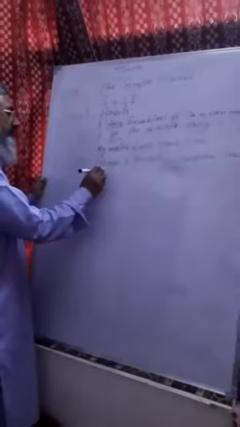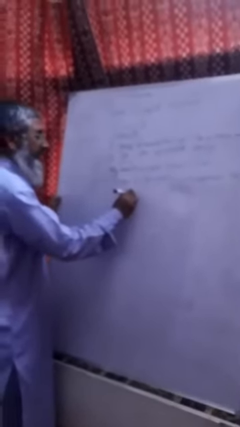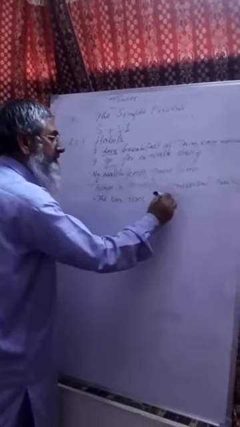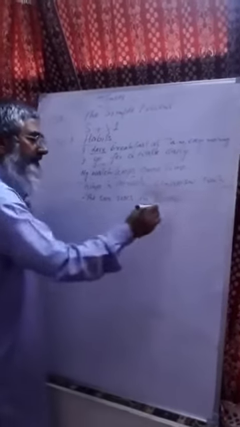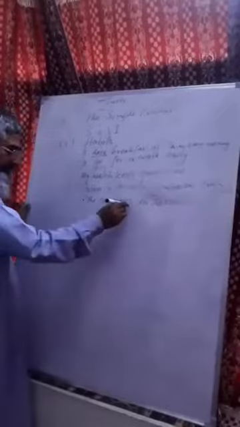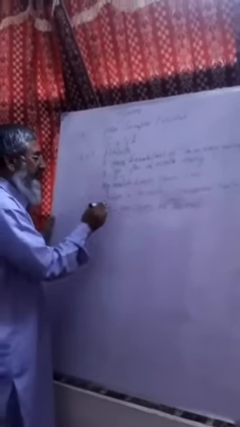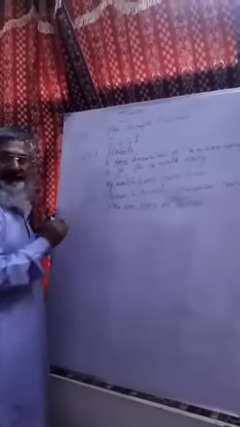For example, the sun rises in the east. Rises is the first form of verb, and it came after the sun. The sun is the subject here.